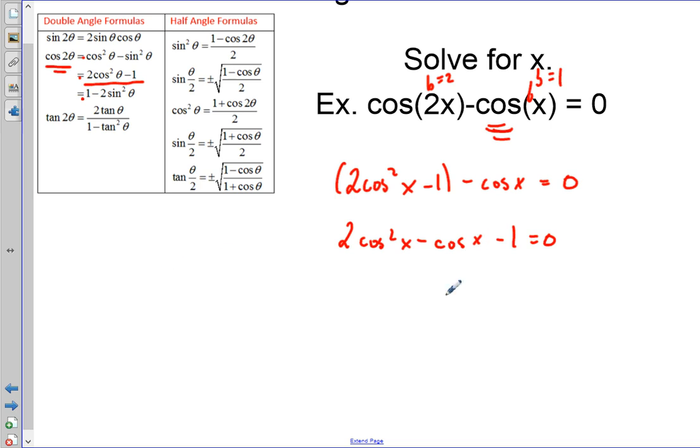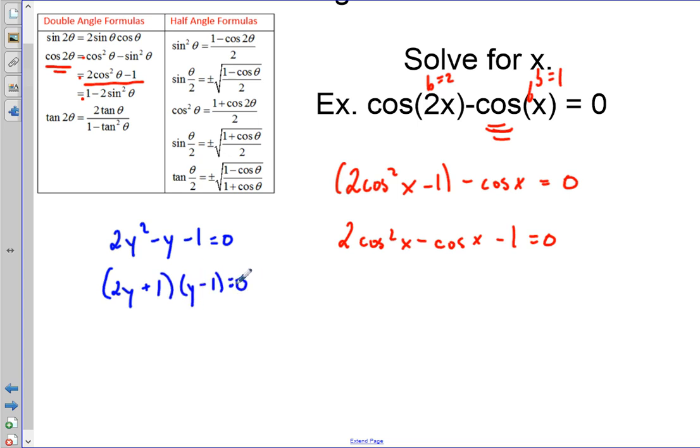Now from here, if this were 2y squared minus y minus 1 equaling 0, how would we factor this? We have 2y's. It would probably be a plus y, and then a plus 1 here. I'm just doing some algebra on the side, and then we would have y minus 1 there.